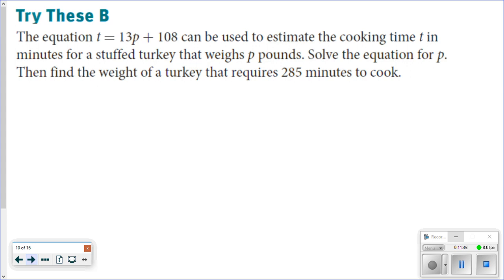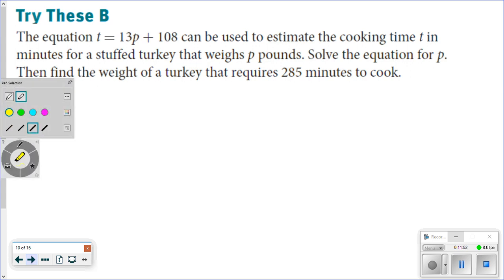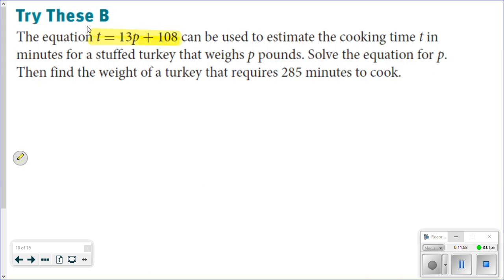But let's look at the try these B question. We have an equation right here. T equals 13p plus 108. I have two variables, a t and a p, which means this is a literal equation.